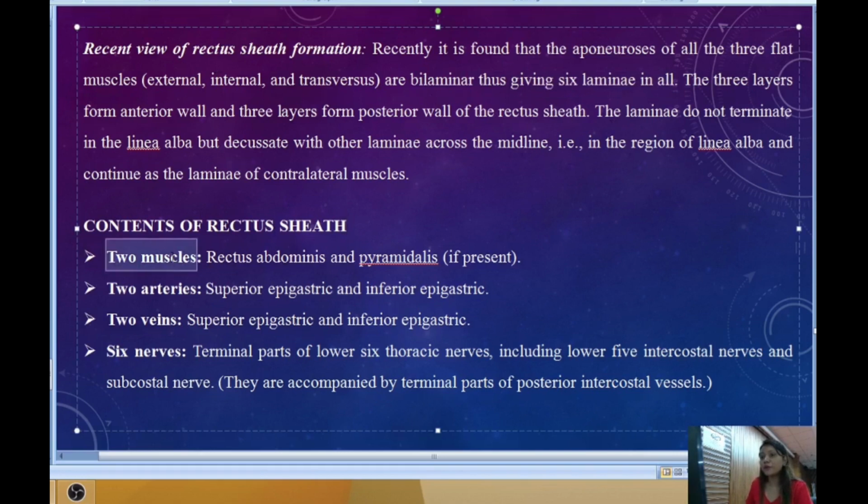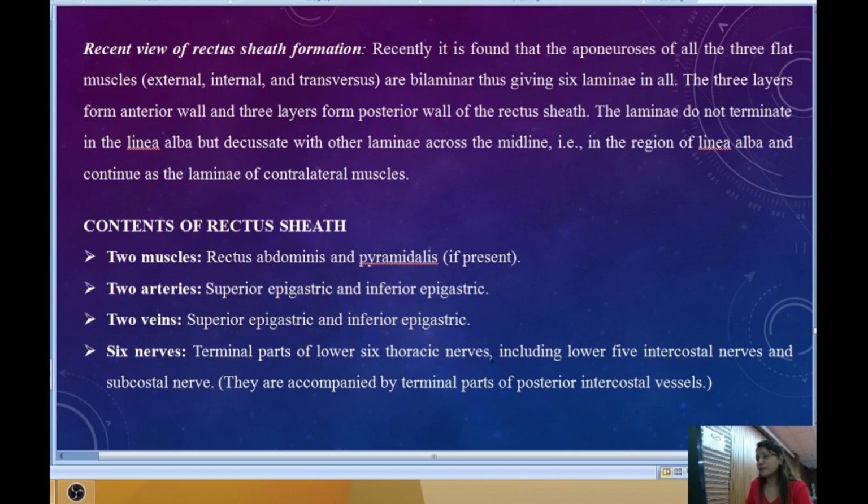Okay, now contents of the rectus sheath. We have 2 muscles, that is rectus abdominis and pyramidalis. We have 2 arteries, that is superior and inferior epigastric. We have 2 veins, superior epigastric and inferior epigastric vein, and we have 6 nerves, that is terminal part of lower 6 thoracic nerves, including the lower 5 intercostal nerves and subcostal nerves. So we have total 6 nerves, 2 veins, 2 arteries, 2 muscles.